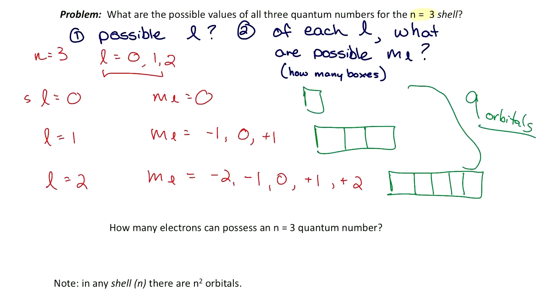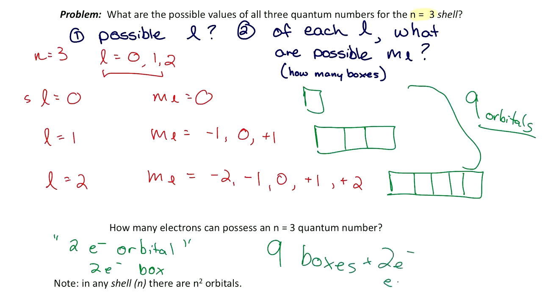I didn't introduce the idea of placing electrons yet, but if I tell you that 2 electrons can go in a box, how many electrons can fit in those boxes we just found? 18, yes, so 9 boxes times 2 electrons each. There are 18 electrons that can fit in the orbitals with n equals 3.